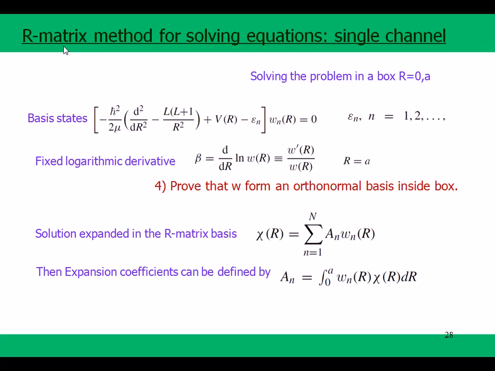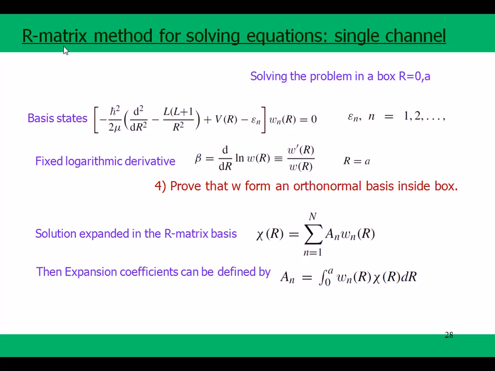So let's define a box with a certain radius a, and let's define basis states inside this box that basically correspond to the same equation that we had yesterday, but now I'm going to impose a fixed logarithmic derivative at the border of the box. This is the condition that I need to impose, and the reason is because I want this basis w_n to be orthonormal.